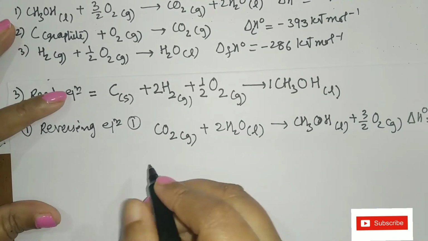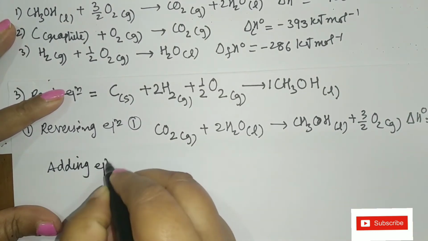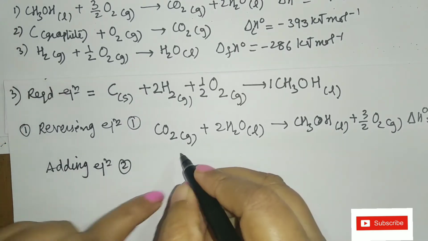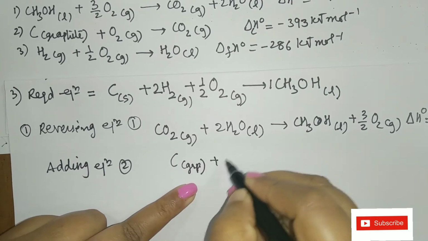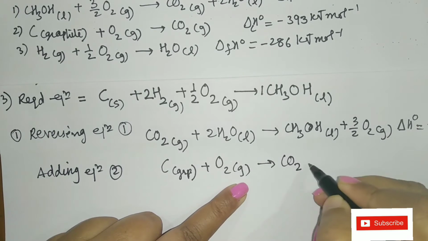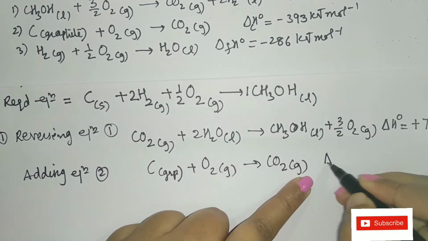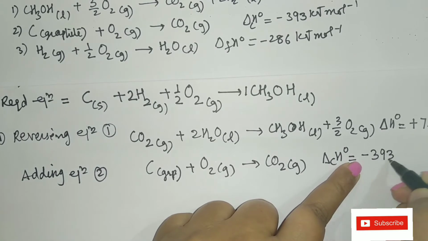So let us add this. So adding equation 2 here, I am adding the equation. So it will be graphite plus O2 gas gives carbon dioxide gas. Now this will remain as it is, the enthalpy of formation, that is minus 393 kJ per mole.